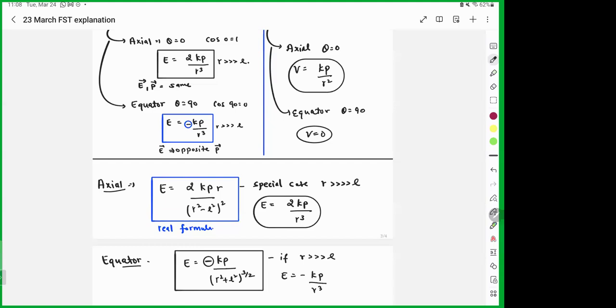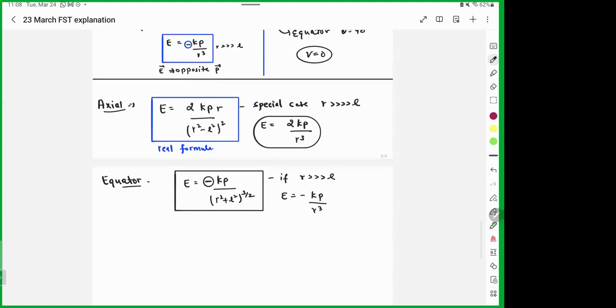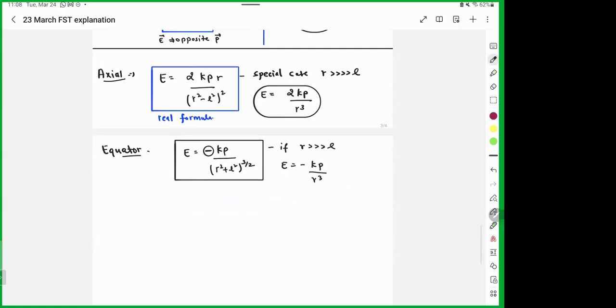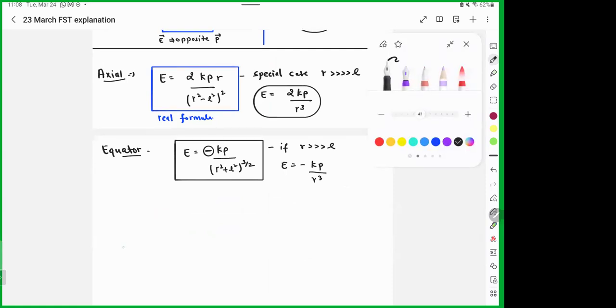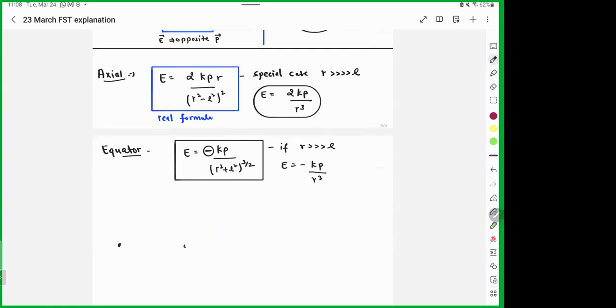Chandana, you ask, sir, how in electric field this is minus. I can explain this part. Example, this is one dipole, minus q, plus q. Direction of dipole moment is minus to plus, correct? This is the direction.